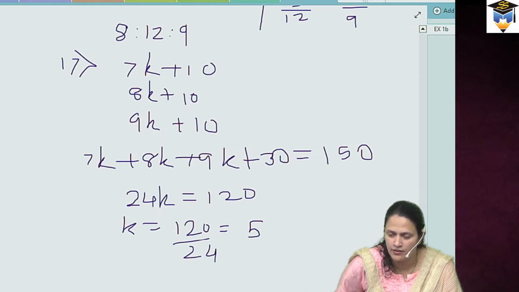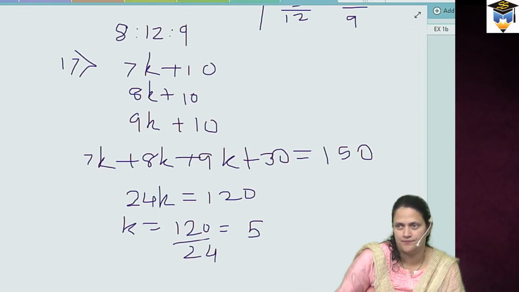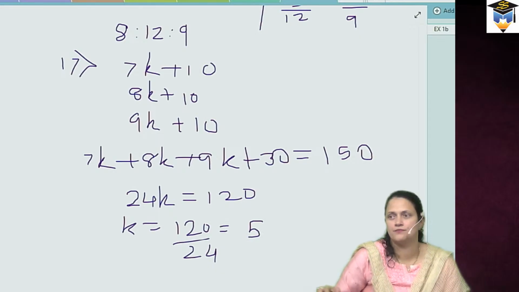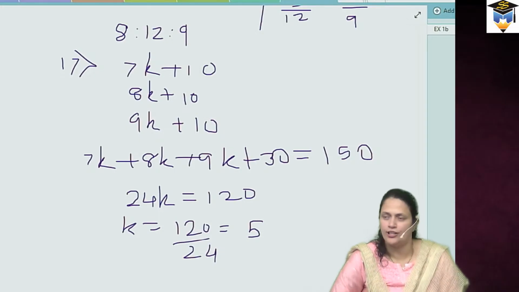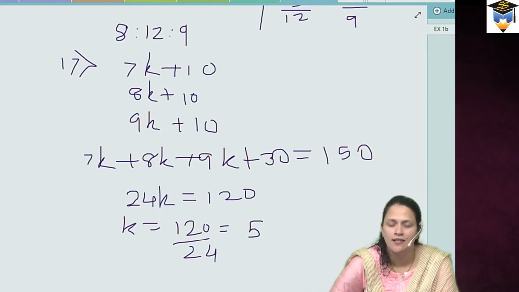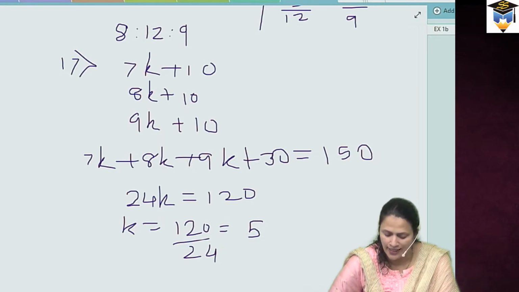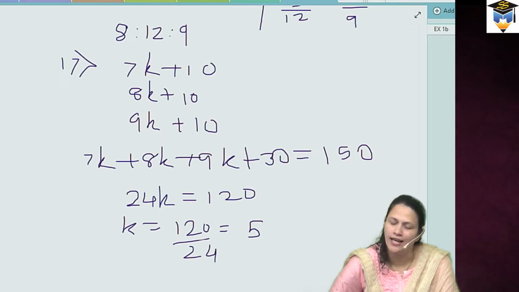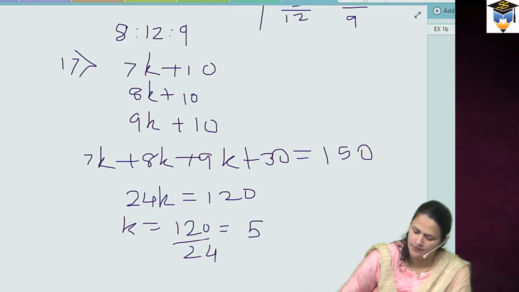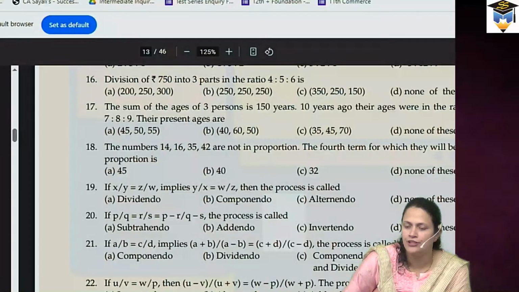So what is 7 into 5 plus 10? 45. 8 into 5 plus 10, and 9 into 5 plus 10. So 45, 50 and 55 will be the correct answer for 17th. Option A.